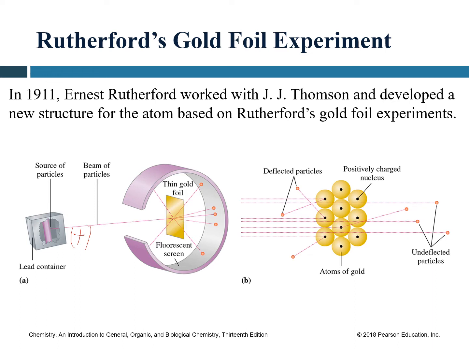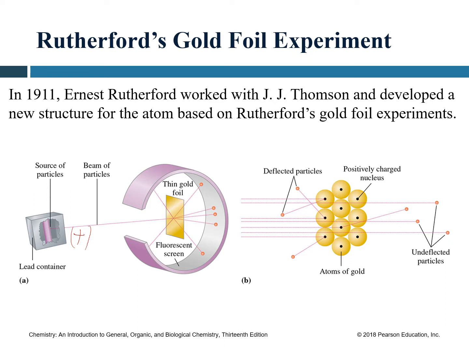Now, if Thomson's model was true, then most of these positively charged particles would just travel in a straight line through the gold foil, because based on the plum pudding model, most of it is hollow, right?